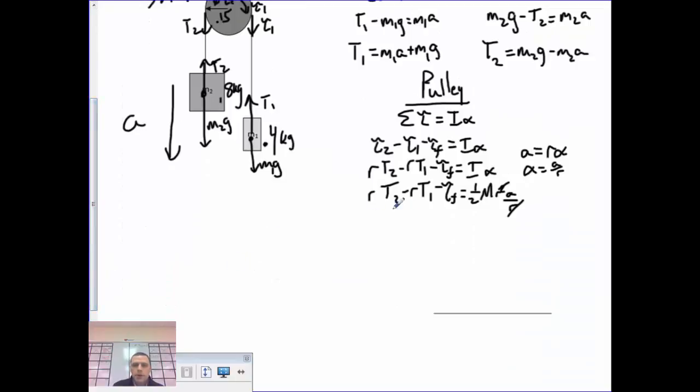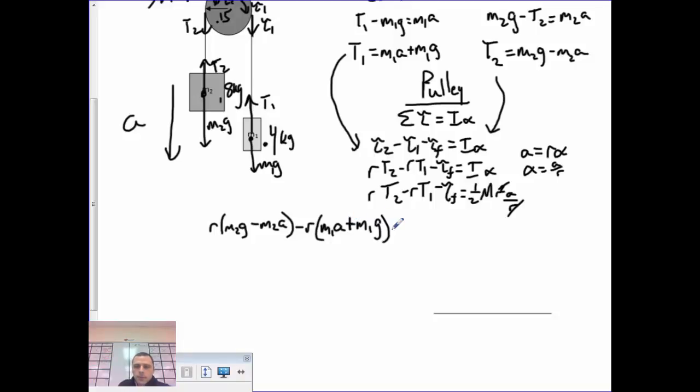Next step, I want to start to substitute tensions. Get rid of these tension values and write them in terms of m's and a's. So R times tension 2 is m2g minus m2a, minus R times tension 1, which is m1a plus m1g, minus torque friction equals 1/2 mRa.